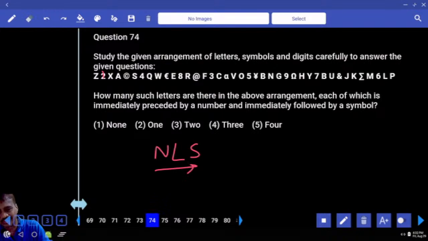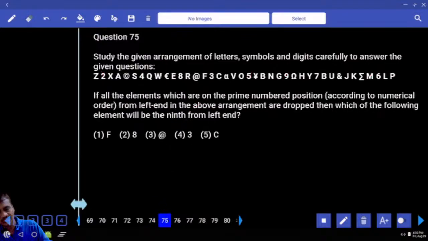This number cannot be taken, and this is number, letter but not symbol. Number, letter and a symbol. And next one, number, letter and a symbol. And next, anything else? Number and number but not letter. And number but not letter. And number, letter but not symbol. Number, and how many are there? 2. That is choice 3, 74.